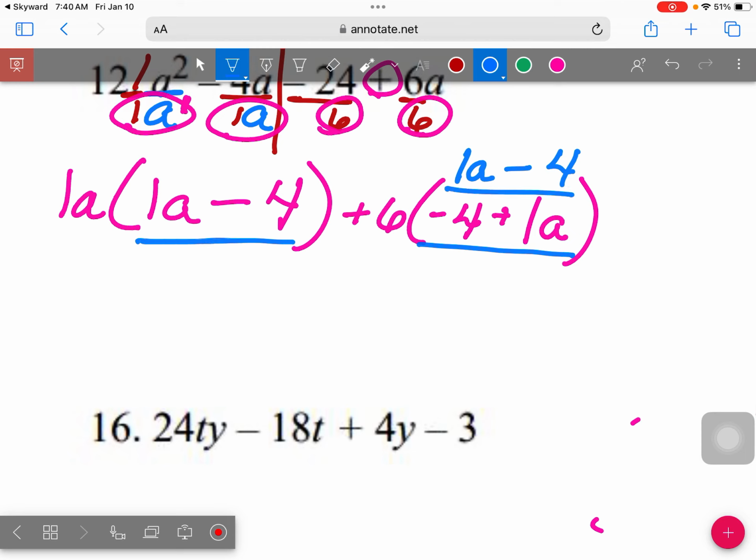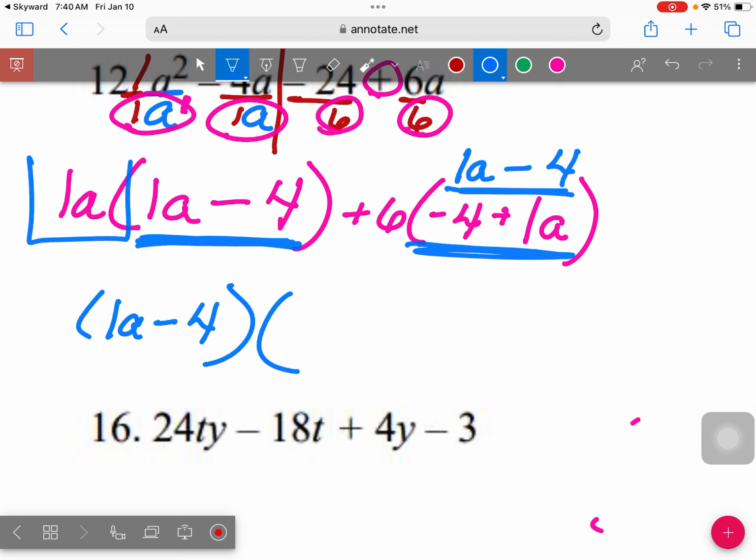So that means you would take this amount and maybe just rewrite it either above or below as 1a minus 4. So you see that it looks the same. And then pull that out front. 1a minus 4. Okay, so that takes care of this and this. And what do I have left? I have 1a plus 6.